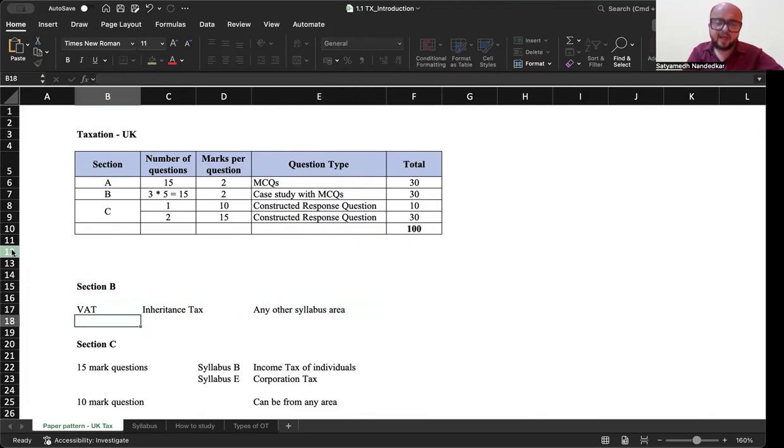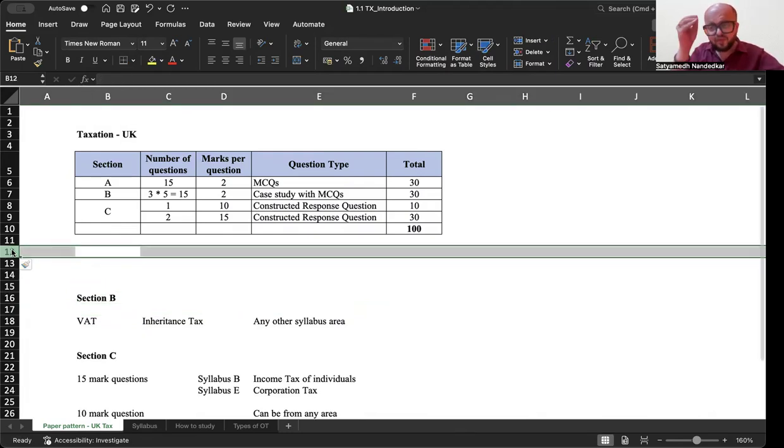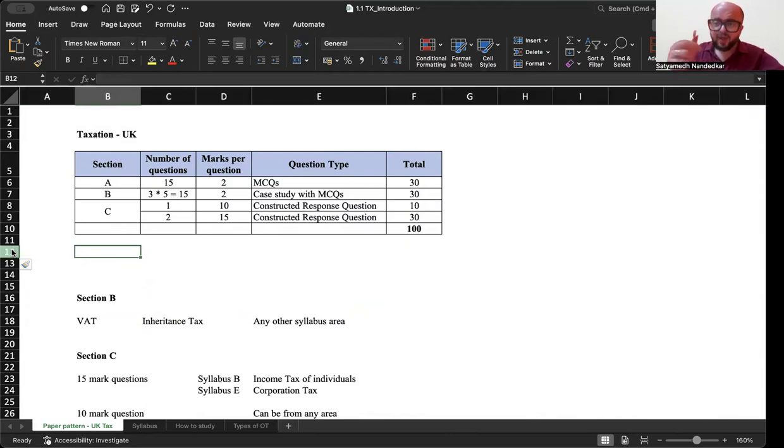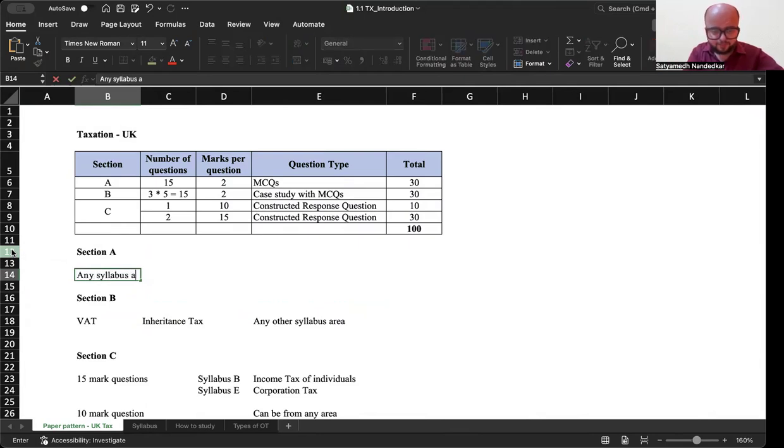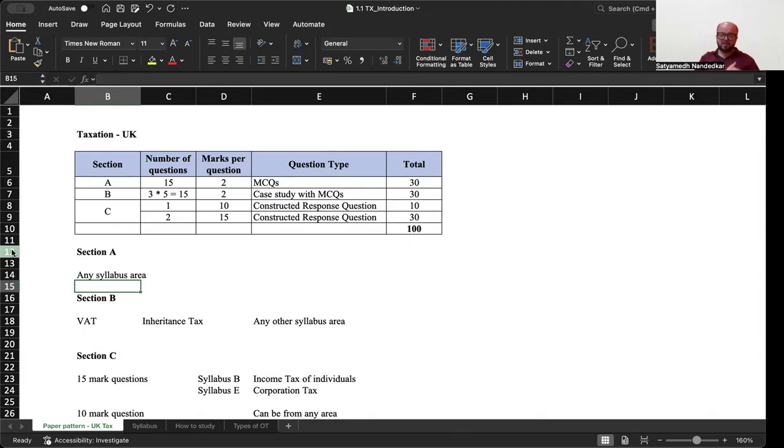But VAT and inheritance tax, I would say, are more or less fixed questions in section B. Sometimes ACCA can spring a surprise. I'm not saying that this is the only way it can work, but sometimes ACCA does spring a surprise. Look at section A. Section A can be from any syllabus area. So that is basically how your UK tax paper is structured.